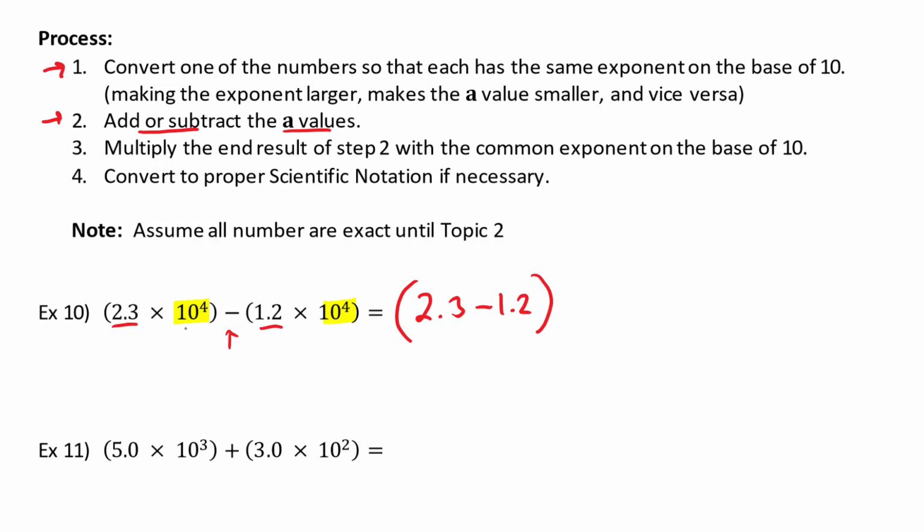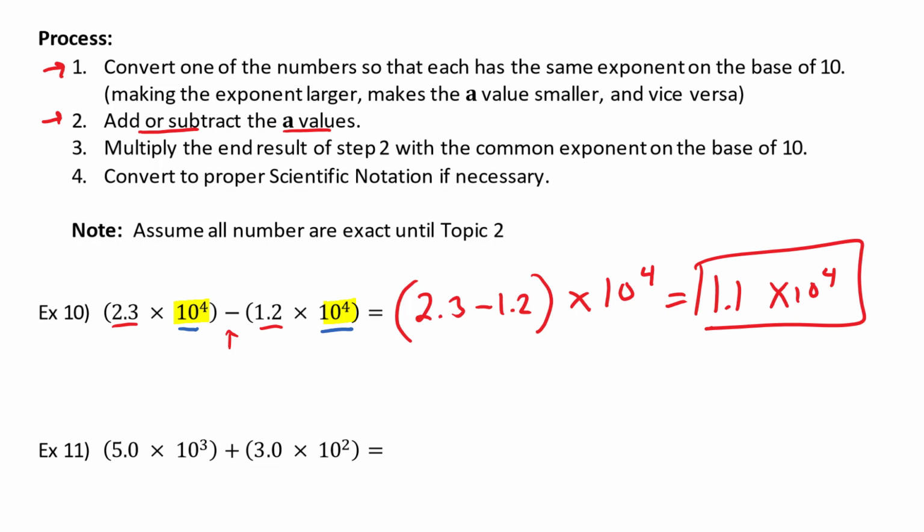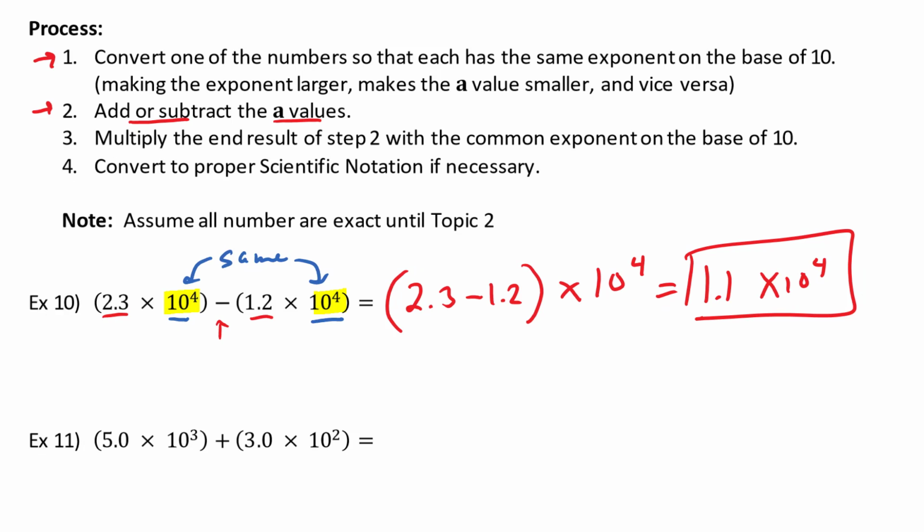And then we're going to multiply by the exact same base of 10 to the 4. Combine those together. 2.3 minus 1.2, 1.1 times 10 to the 4. This one was not so challenging because these were already the same. Let's examine the next one.